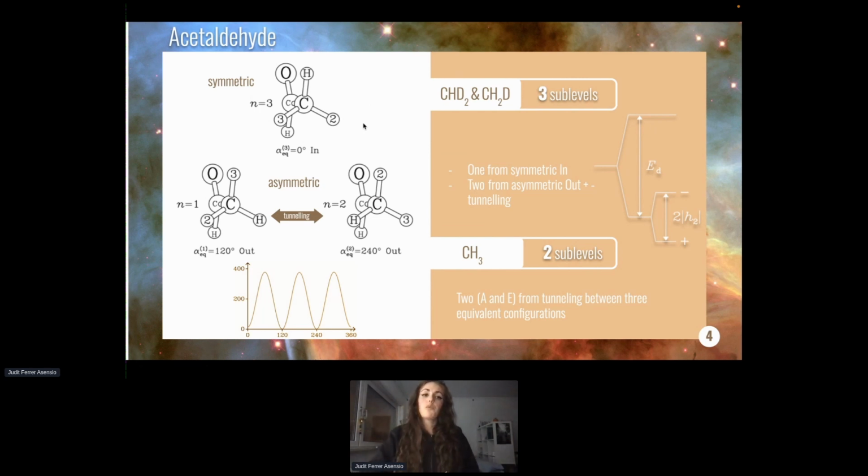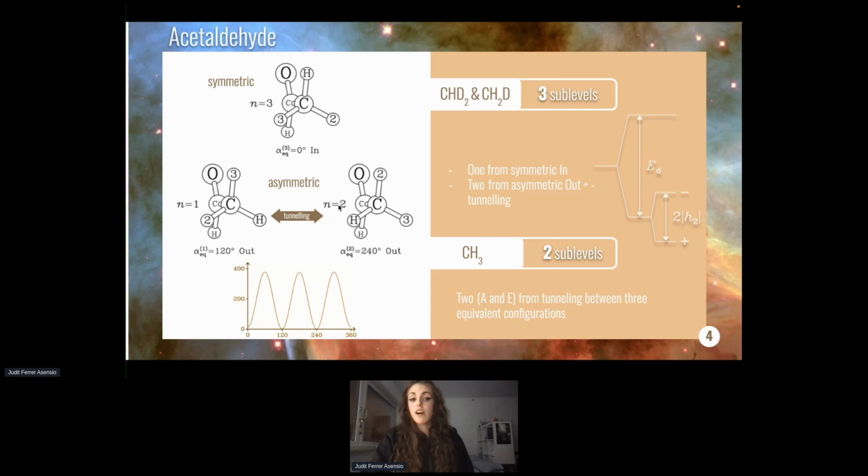You can see that we have two main conformers for acetaldehyde, the symmetric and the asymmetric one, and this depends on the positions of the hydrogen and the deuteriums with respect to the plane that is built by this aldehyde group. So if the hydrogen is in the plane, we have the symmetric conformer, and if we have one of the two deuteriums in the plane, we have an asymmetric conformer.